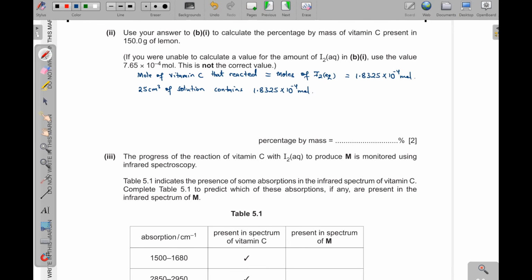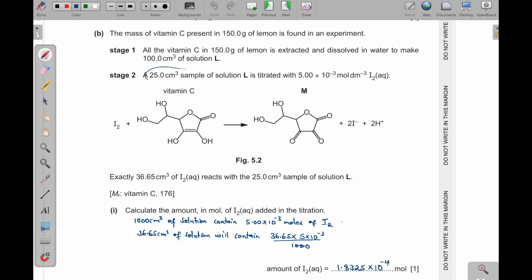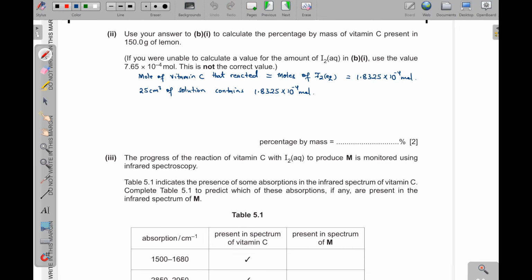Then how about 100? Because this 25 cubic centimeter aliquot was taken from 100 cubic centimeters here, right? So how about 100?